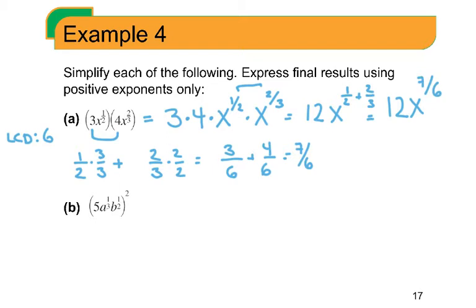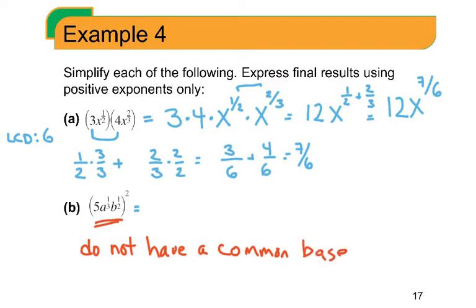Okay. Now, you have a choice here. You could square everything. Well, I guess we have to, because look, we can't combine anything. Everything is different. We do not have a common base. So here we had a common base. That's why I could multiply these together.